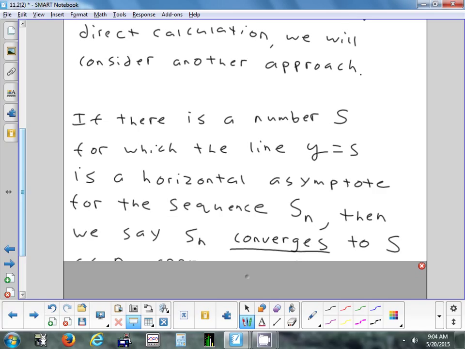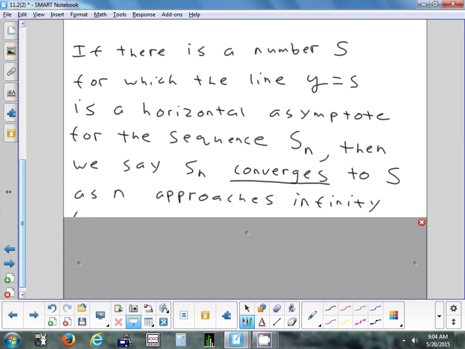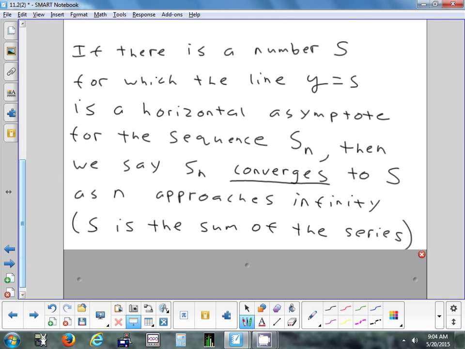If it does approach a number, then we say that this sequence converges. Anytime you add up a bunch of terms and it approaches something, that's called convergent. And what would it converge to? Well, it would converge to s. That's the number that would be our horizontal asymptote, the number it looks like it's getting closer and closer to.